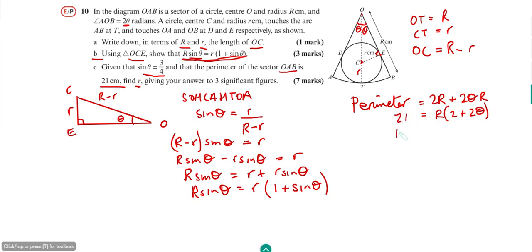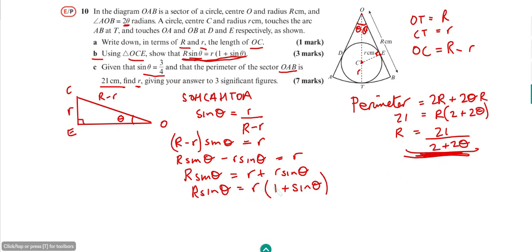We can say then that R is equal to 21 over 2 plus 2 theta. So we're going to use that again in a minute.